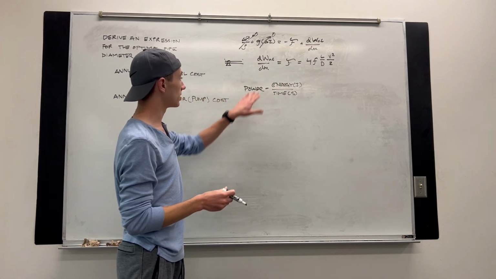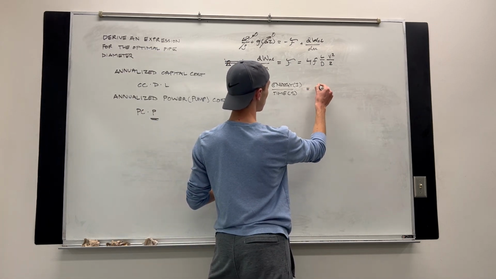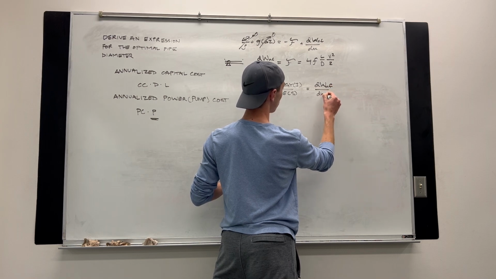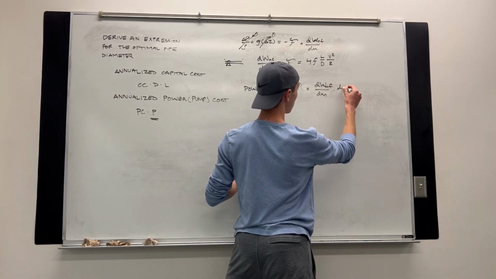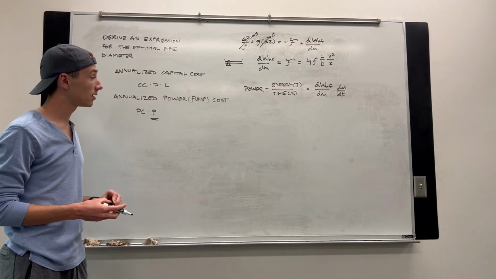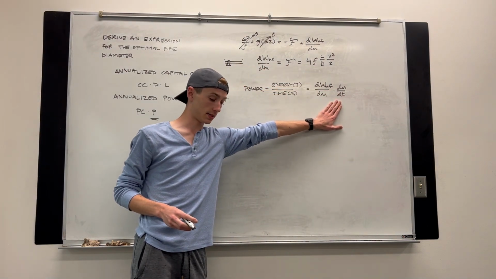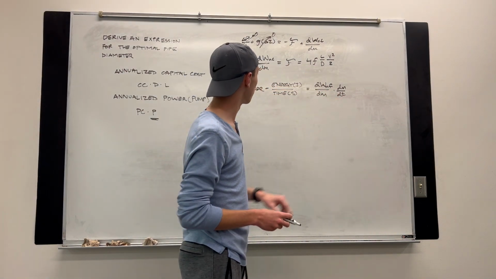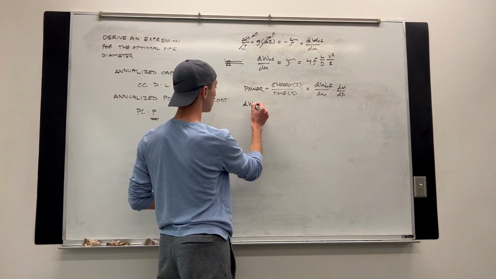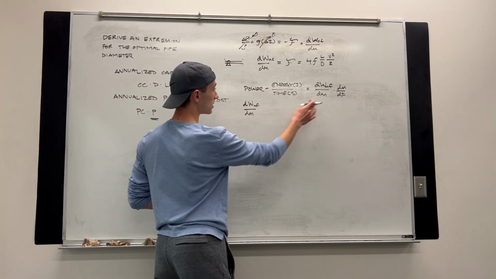So to get power out of this, we can say power is equal to our non-flow work per unit mass times the mass flow. So we multiply both sides of this equation by this mass flow factor. Now we get dW_NF/dm times dm/dt.